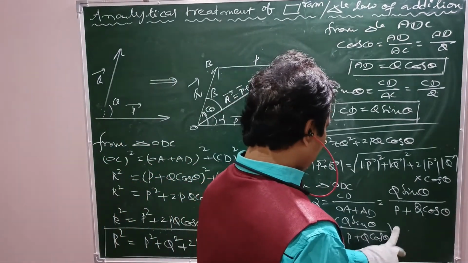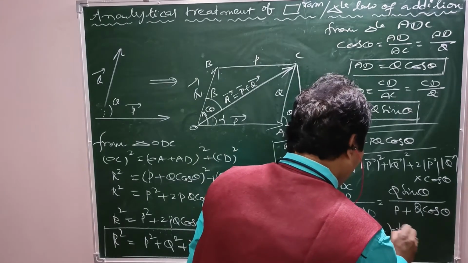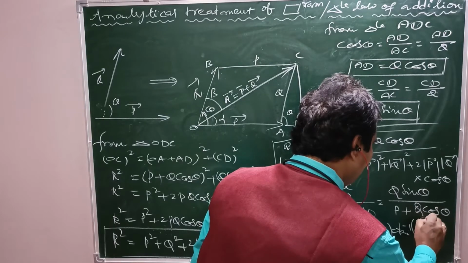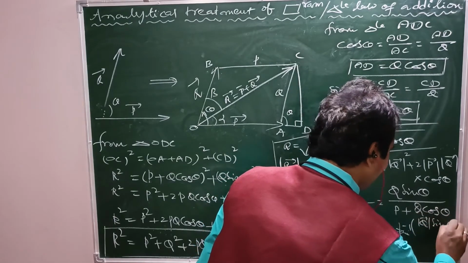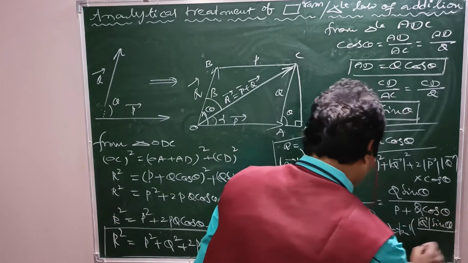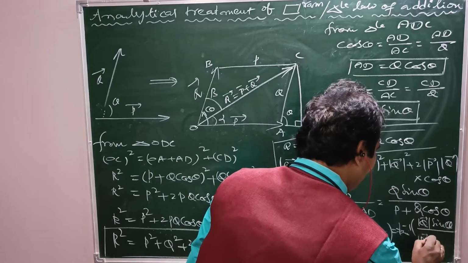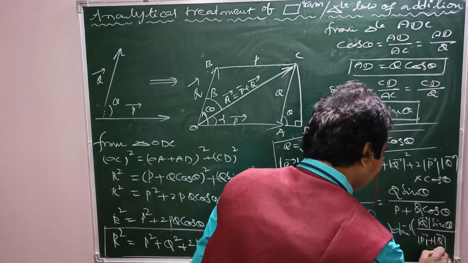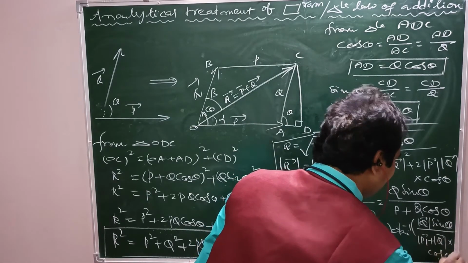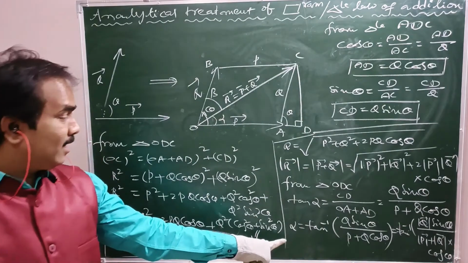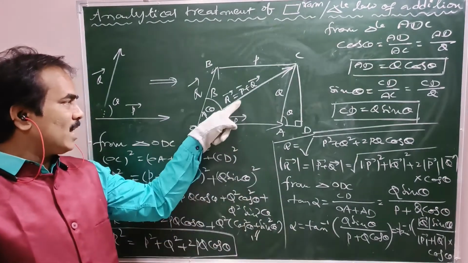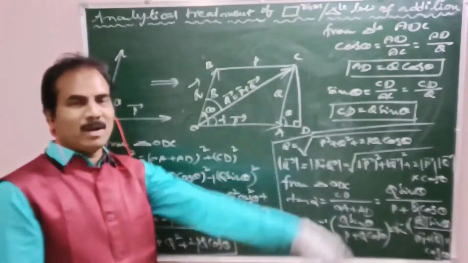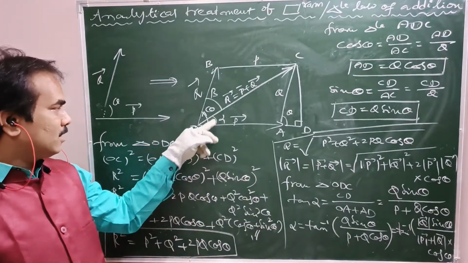Okay, that is tan inverse of mod Q bar sin theta divided by mod P bar plus mod Q bar cos theta. Okay, this is what angle made by resultant vector with one of the parent vectors, that is P bar. See, this is the angle.